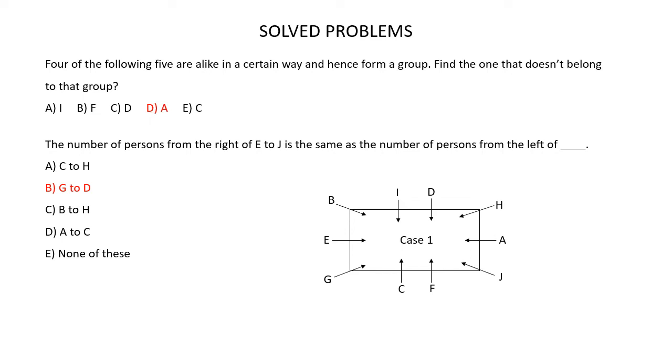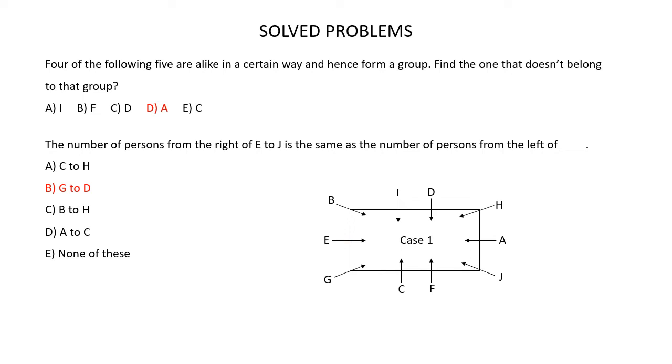The number of persons from the right of E to J is the same as the number of persons from the left of dash. You're given five options and you have to find out which of these options can fill the blank in the question. Now, the number of persons from the right of E to J. E is here and J is here.